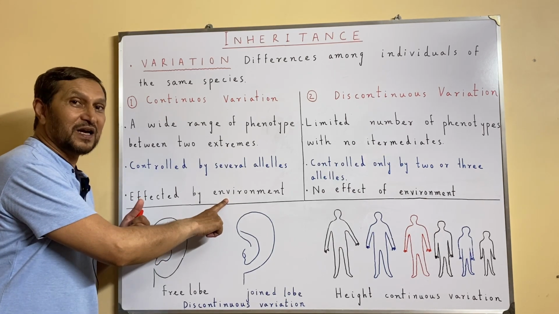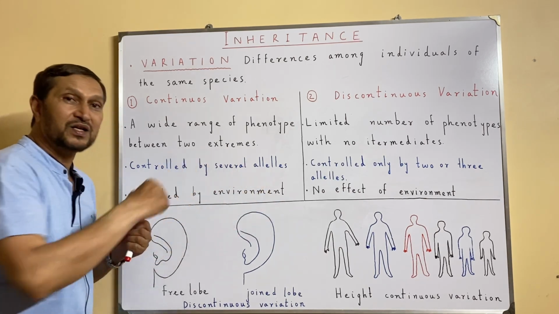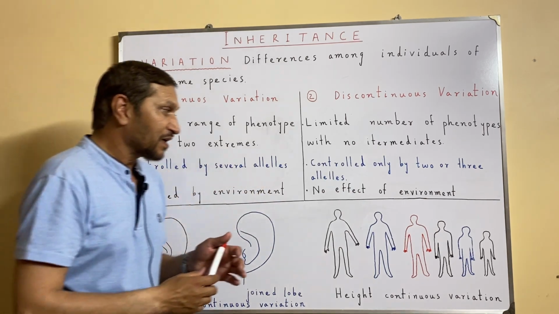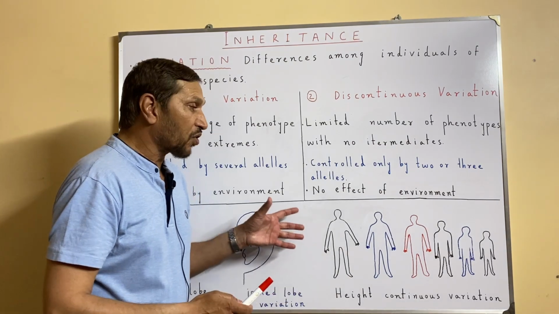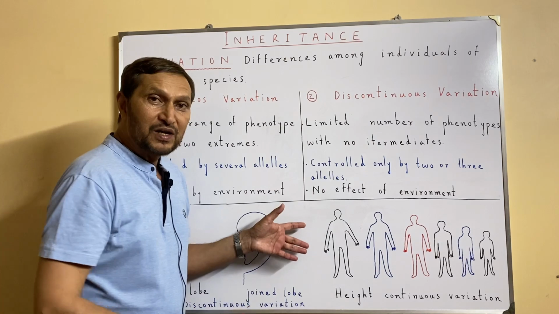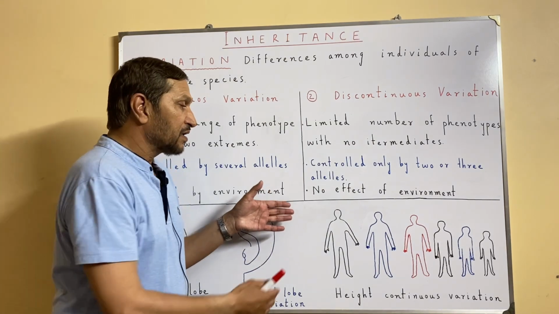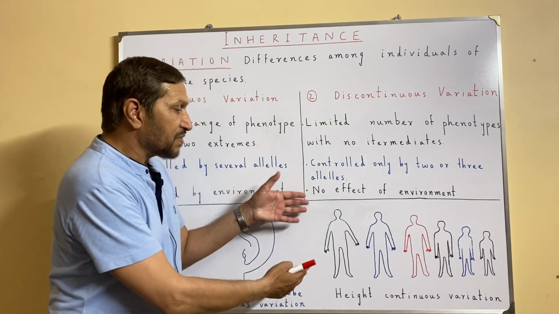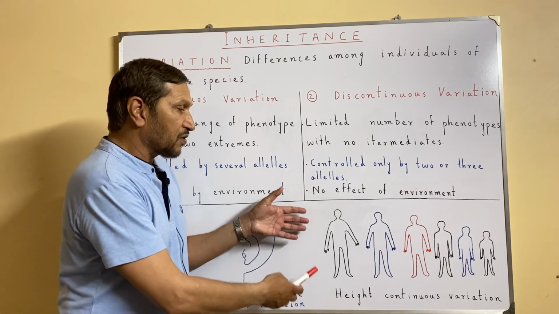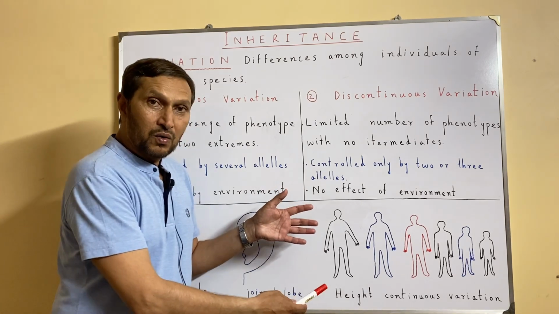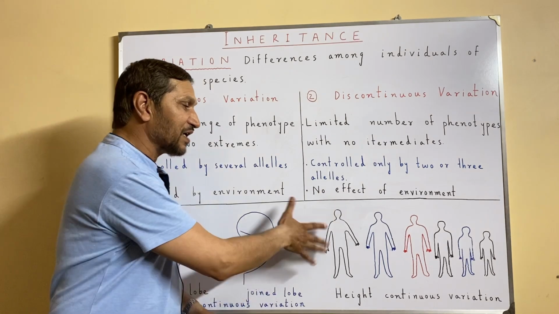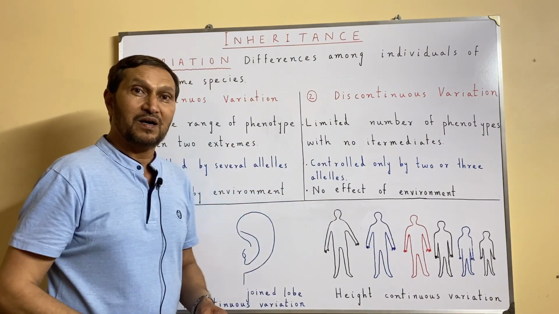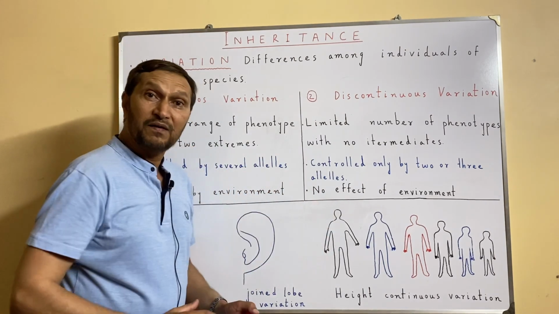For example, sunlight. Similarly, human height can be affected by our diet. If we are taking a proper diet, with calcium, vitamin D and protein, then when that child grows to adult age, he will be tall enough.